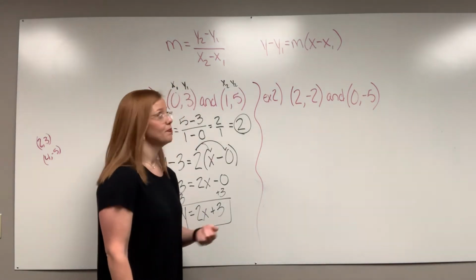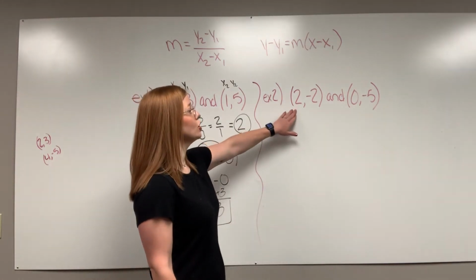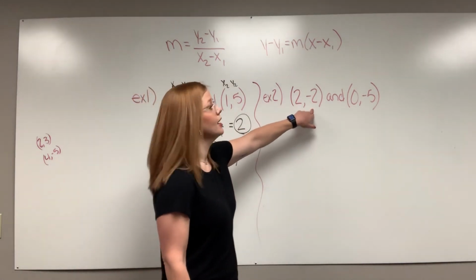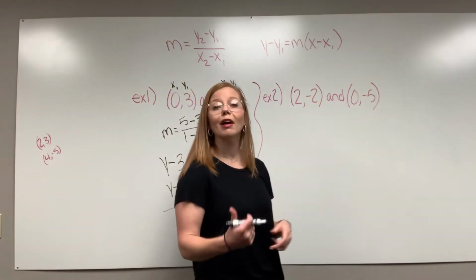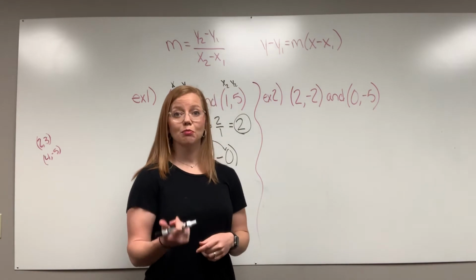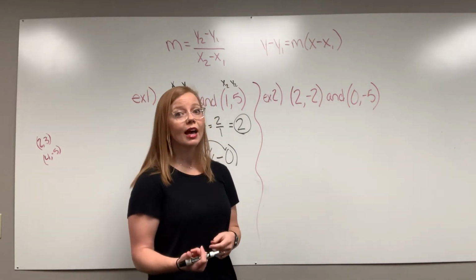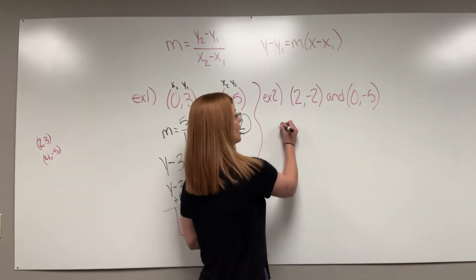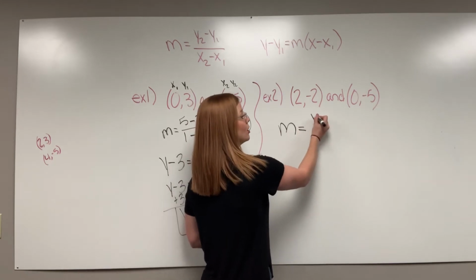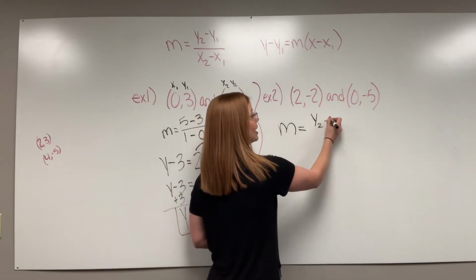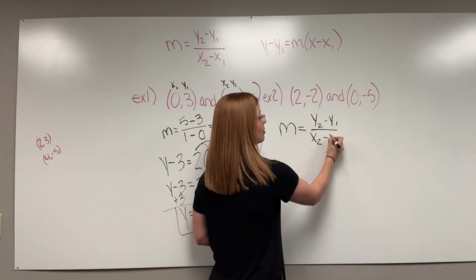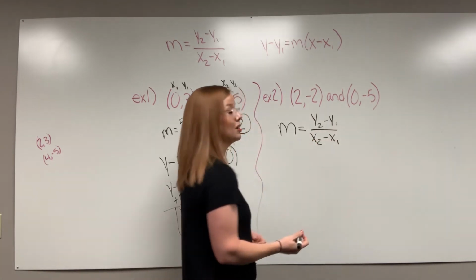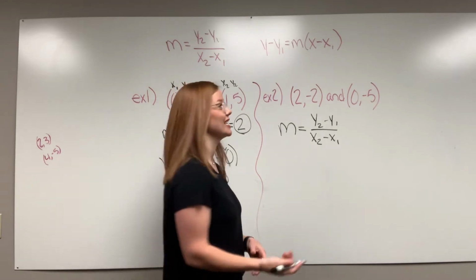So let's try again. If I'm given the point 2, negative 2, and the point 0, negative 5. My first step is going to be to find my slope. The way I do that is my slope formula. M equals y2 minus y1 over x2 minus x1. Well, that means I need to label my points.